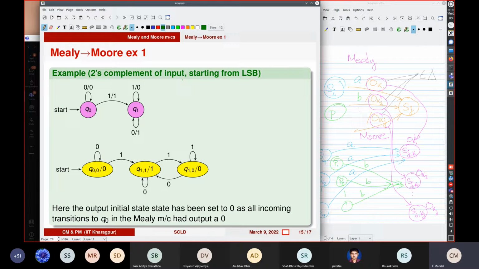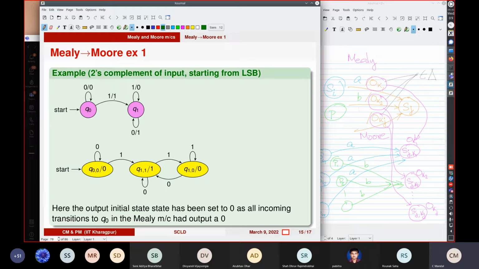Let us consider Q1. What are the input transitions to Q1? You have got 3 input transitions to Q1, okay?